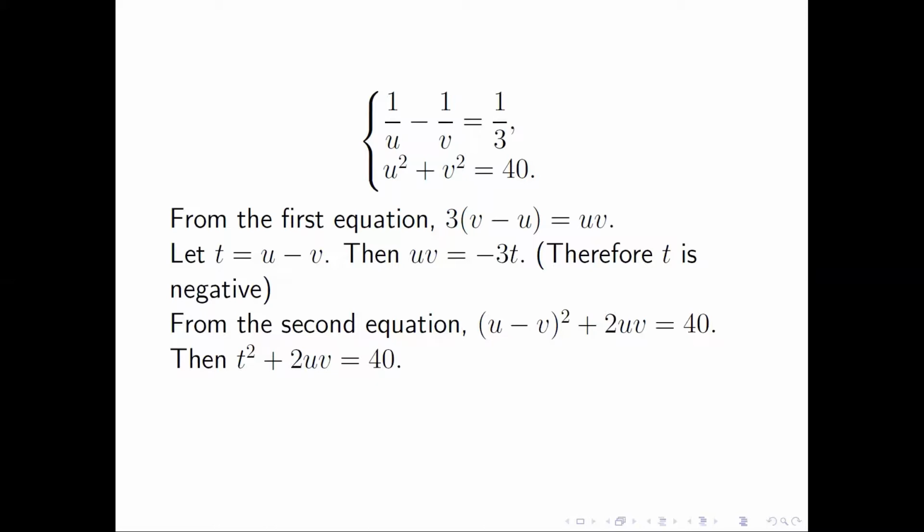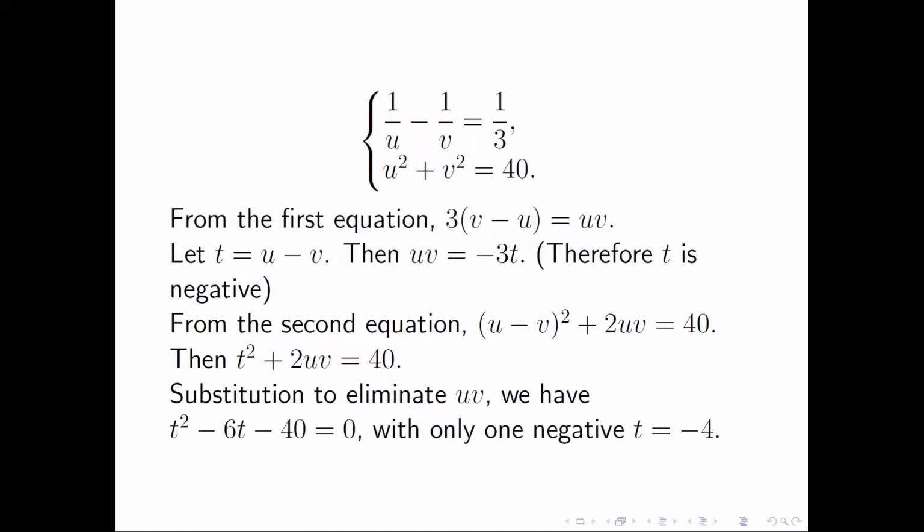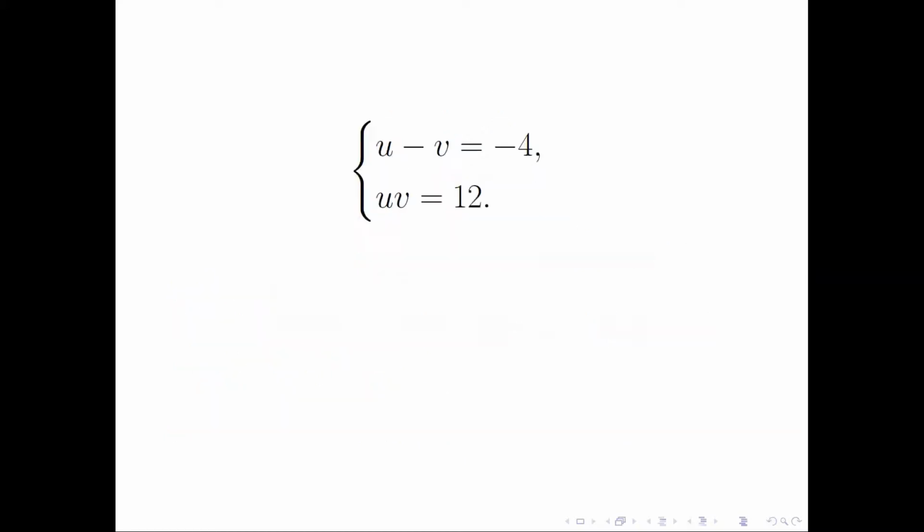We plug in uv equals negative 3t into the second equality, and we end up with a quadratic equation in t. Because t is negative, we have only one negative root for t, which is negative 4. So u minus v, which is t, is negative 4, and u times v, which is negative 3t, is 12.